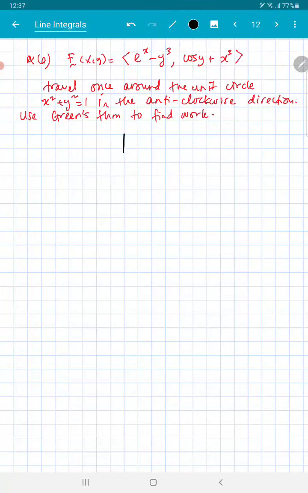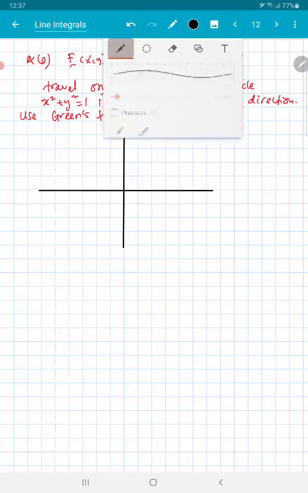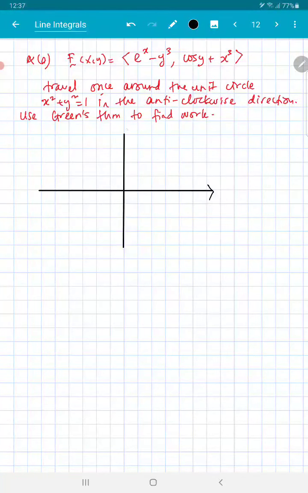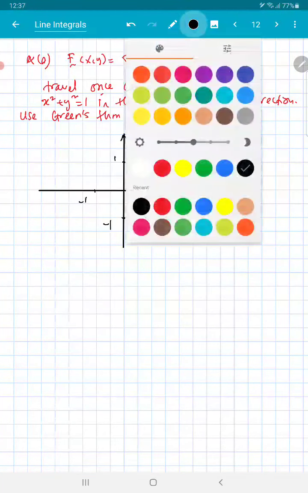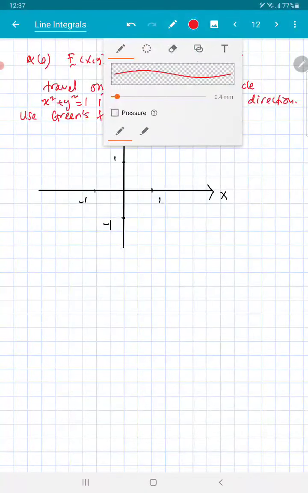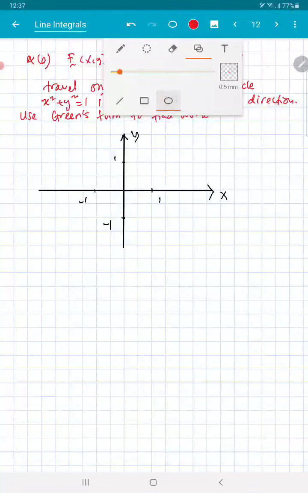So here we have a circle of radius 1, centering at 0, 0. Let's say this is the x-axis, y-axis, and this is 1. And it says the orientation is anti-clockwise direction.